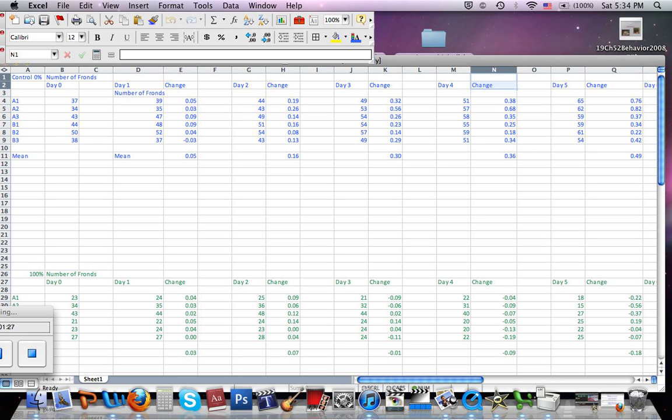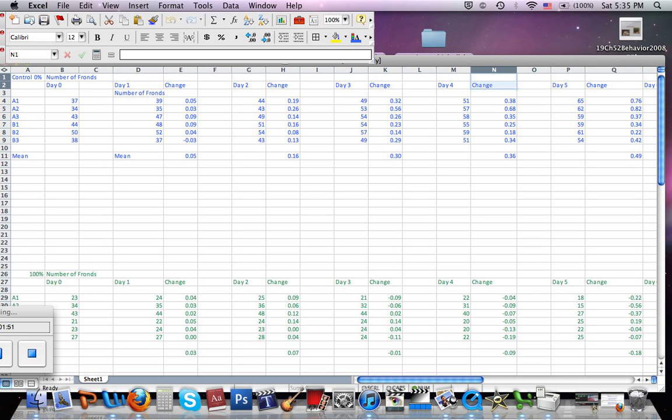What I did first was set up some data tables just for the control group, and you can see that my number of cups are here and my number of fronds per cup are here. Now, since we didn't start off with the exact same number of fronds per cup, we had to calculate a percent change for each cup on day one.